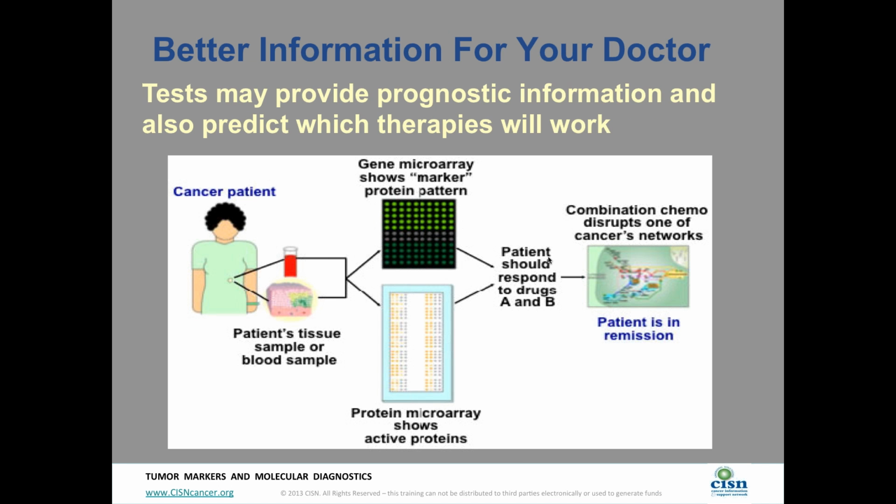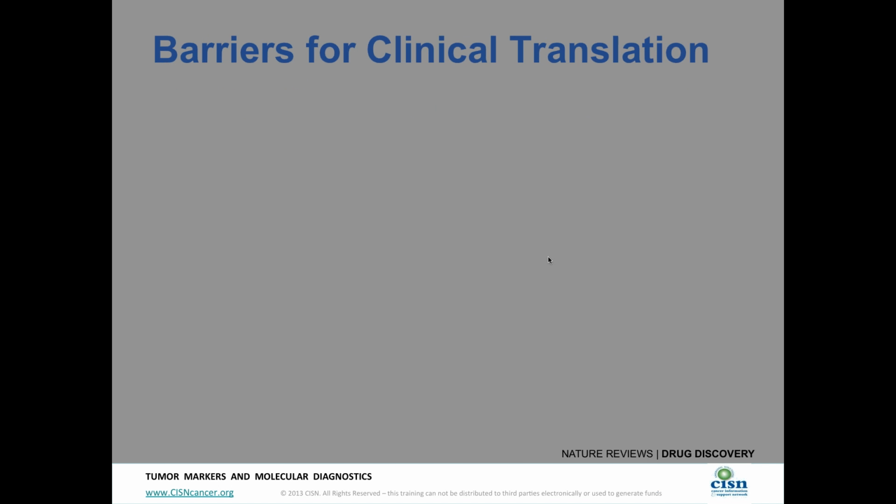And this translates into better information for your doctor. Prognostic tests will give us information about the likely course of your cancer, whether it's aggressive or not aggressive. And those are really important when you choose treatment options and what you're going to do, and whether you're going to have an aggressive treatment or not.